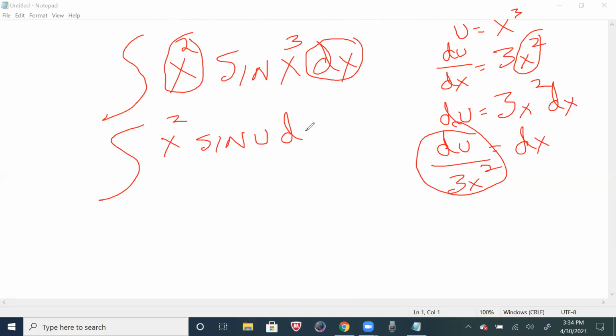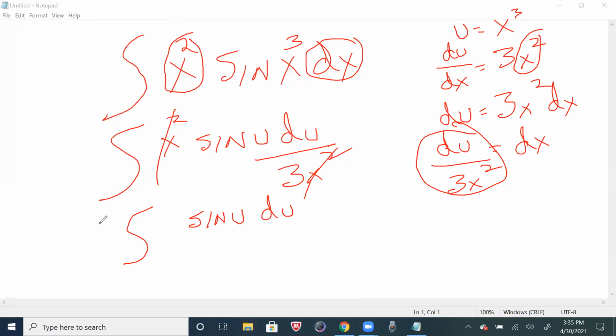So that would be du over 3x squared. Notice the x squareds cancel. And I end up with the integral of sine of u over 3. I can take that 1/3 out. So this becomes 1/3 times the negative cosine of u plus c, if it's an indefinite one.